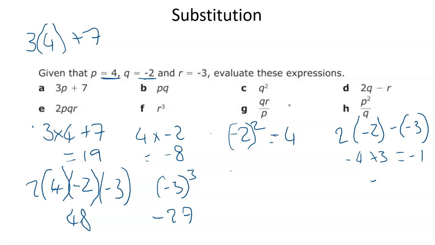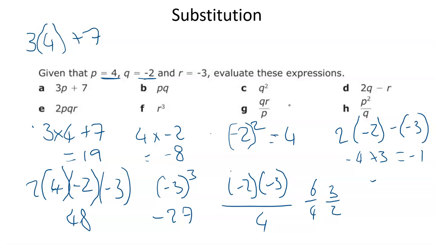Q times R is minus 2 times minus 3, okay, and then over 4, I'm not going to put that in a bracket because it's not being times by anything. Minus and minus is positive, 2 times 3 is 6 over 4. I may as well simplify that down and say it's 3 over 2. Divide them both by 2.